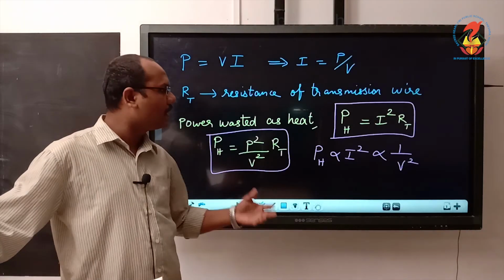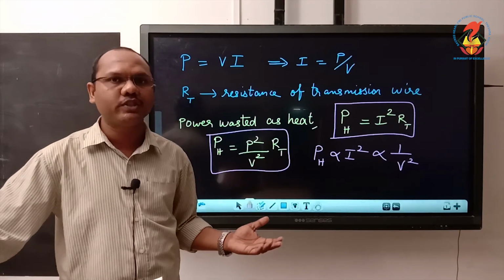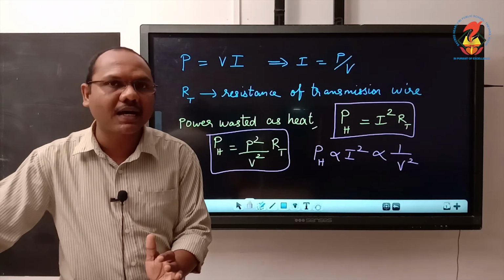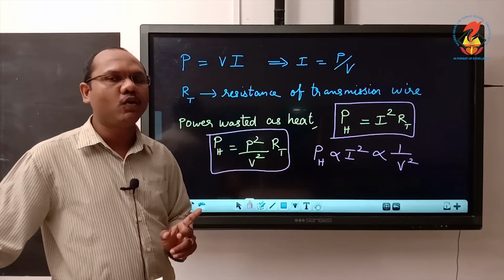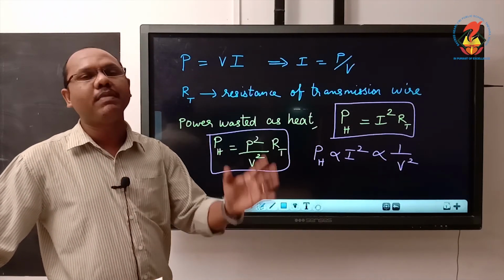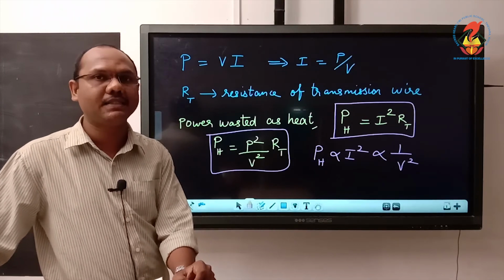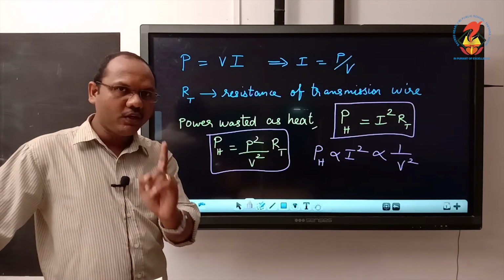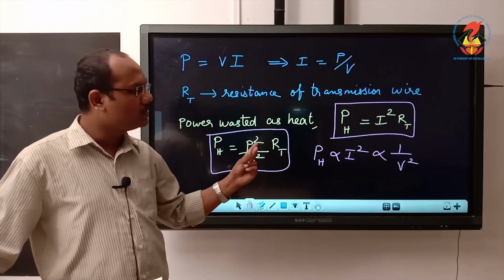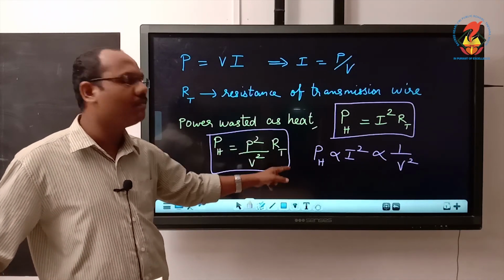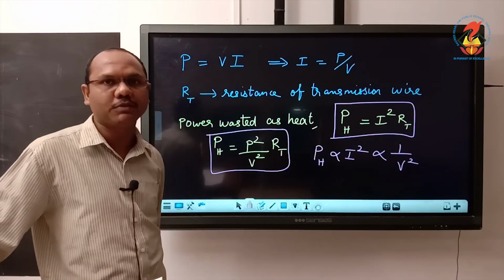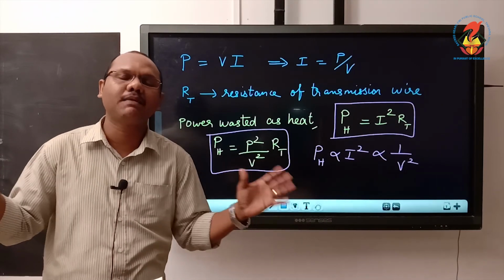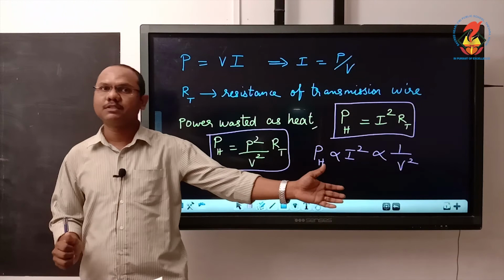Thus, if I increase the voltage and decrease the current, the power lost as heat can be minimized to a great extent. That is why we use a transformer to step up the voltage and step down the current for the transmission. So we use large step up transformers in the transmitting station.